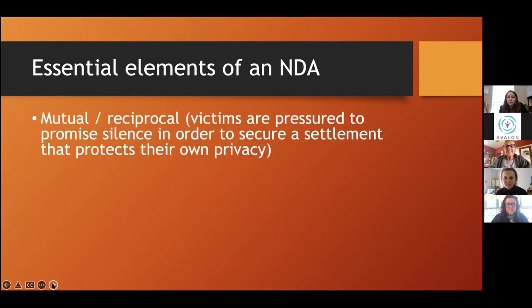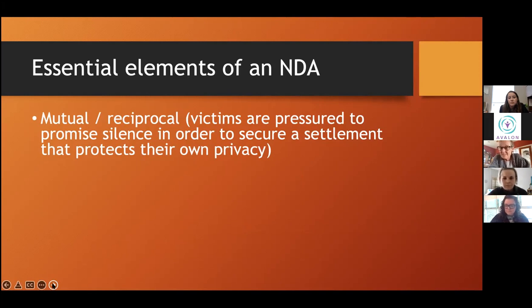So first thing is they're mutual. In other words, the victims have to promise their silence in order to secure a settlement that protects their own privacy. And I think this is one of the really important things to understand, because it's often said, erroneously, that victims want NDAs.